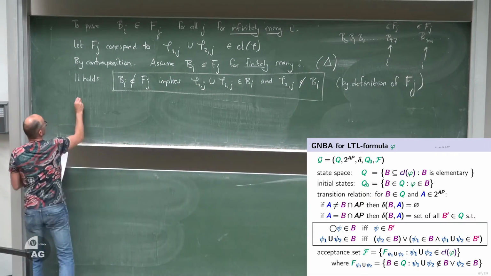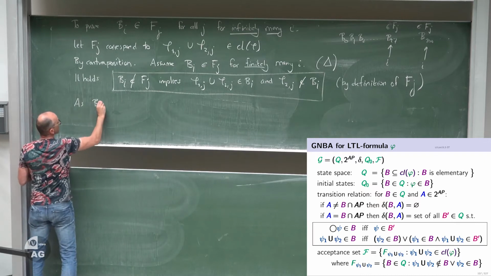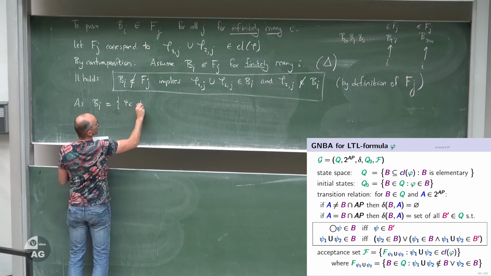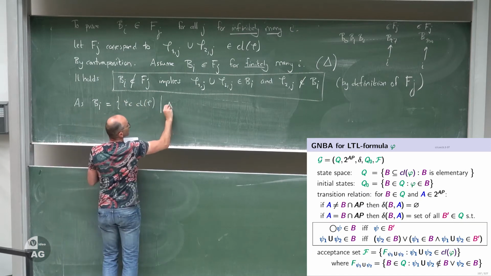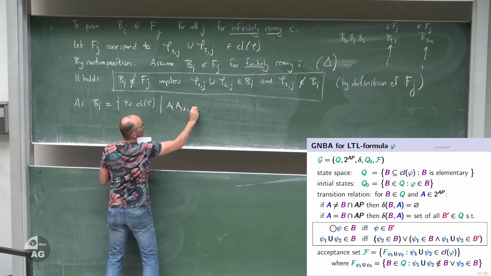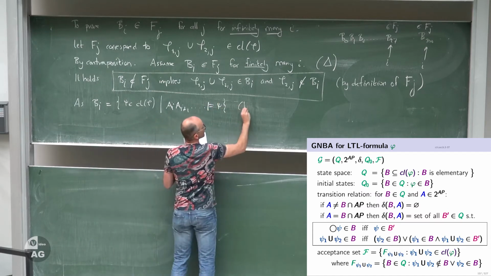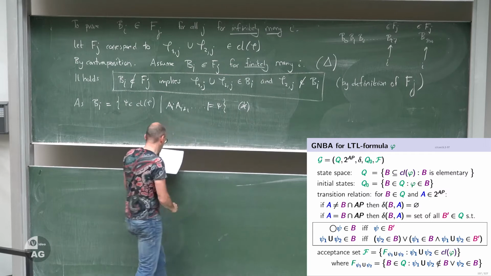Good. As bi is what? Well, that was the definition, closure of phi such that ai plus 1 satisfies psi. This was my star before on that board over there.